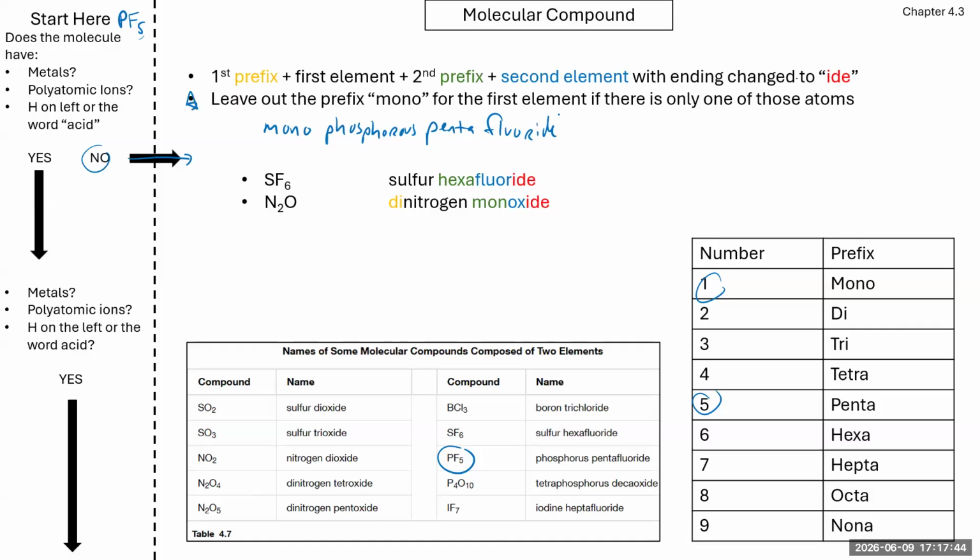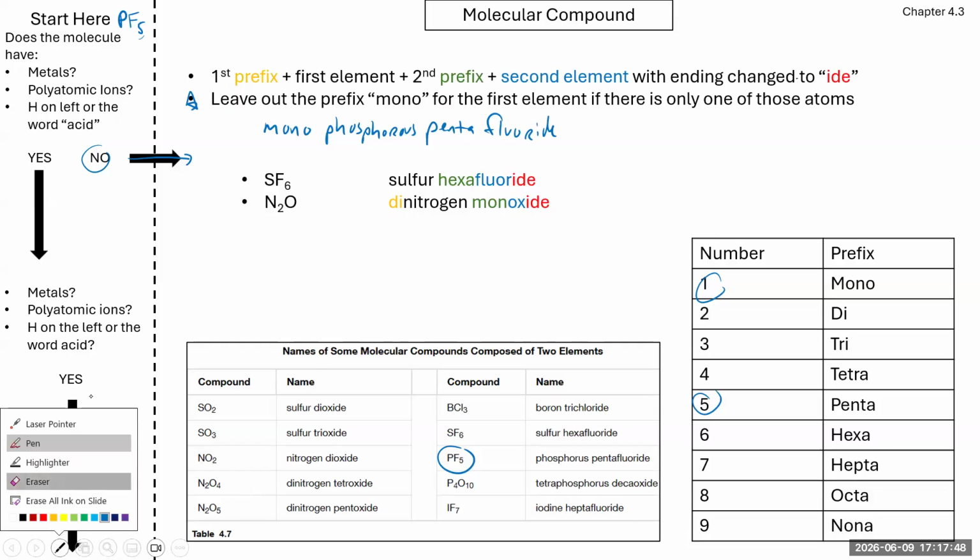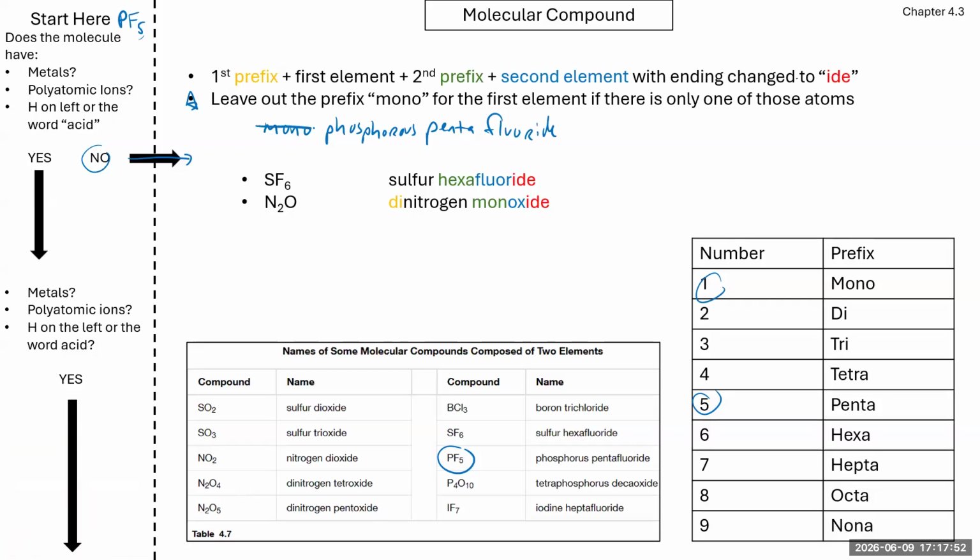But look at the second thing. Leave out the prefix mono for the first element if there's only one of those atoms, right? And there is, so we're not going to include the word mono on this one. We're just going to call PF5 phosphorus pentafluoride, right? Again, this is S, sulfur. We leave out the mono. Hexa, because it's 6 F, fluoride. Dinitrogen, because there are 2 nitrogens, so that's di, right?